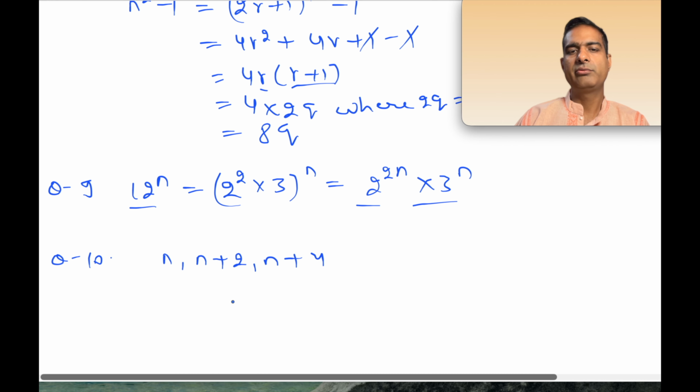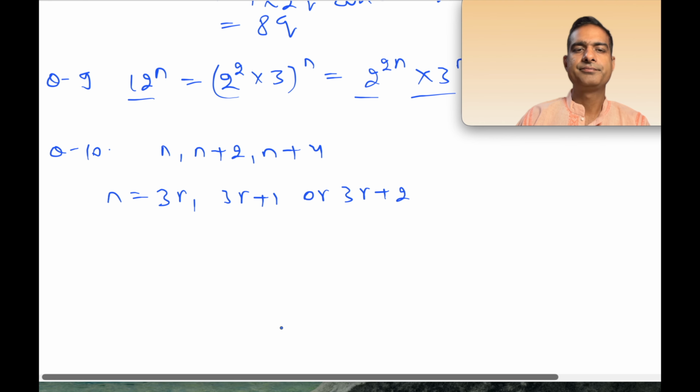We have to show that one and only one out of these will be divisible by 3. Now if we divide n by 3, it will be of the form 3r or 3r plus 1 or 3r plus 2. So these are the three possibilities for n.